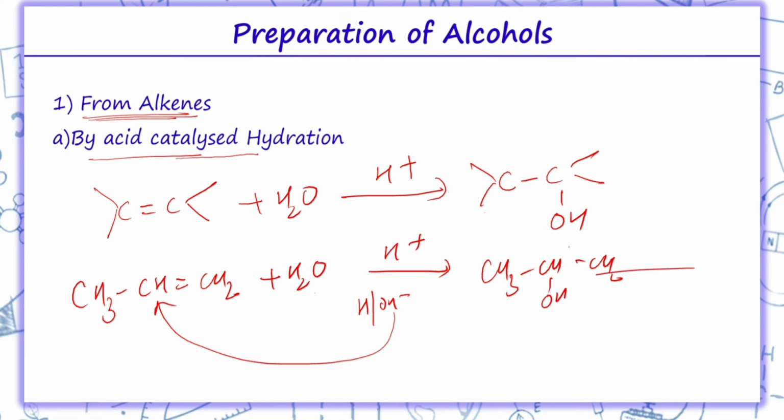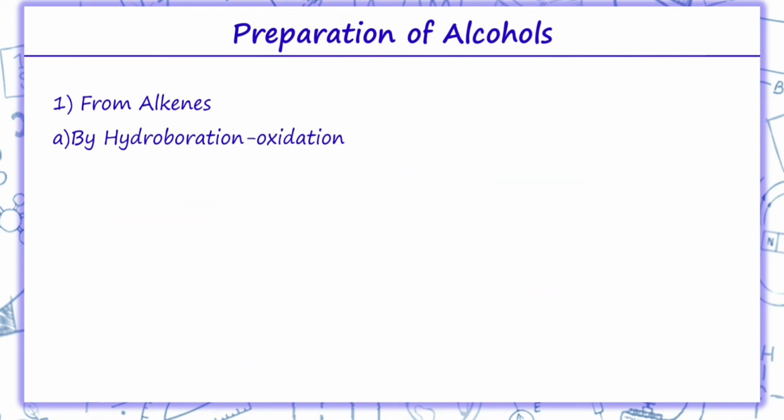Moving on to next reaction from alkenes only. So next is by hydroboration oxidation. So diborane reacts with alkene to form trialkyl boranes as addition product, and this trialkyl borane is oxidized to alcohol by hydrogen peroxide in the presence of aqueous NaOH.